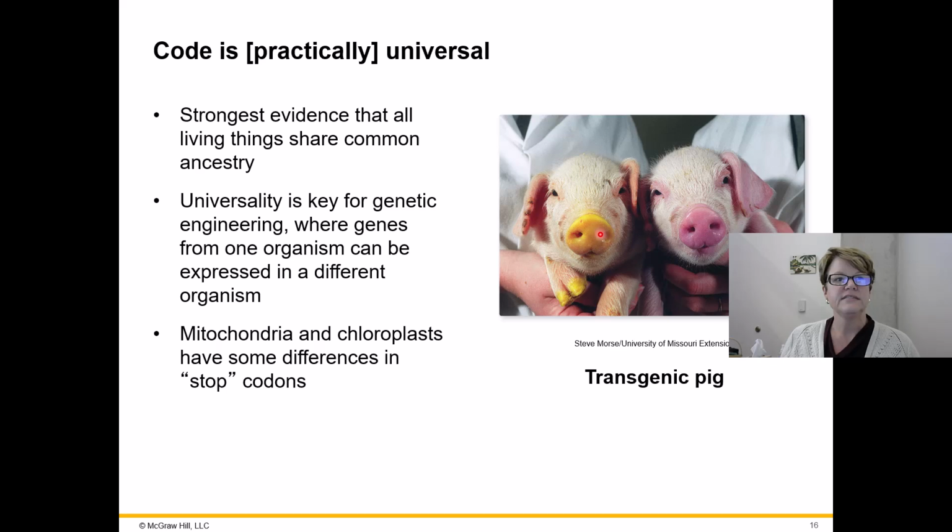And so what that means is that you can take genes from one organism, the genes, the DNA, the chromosome, put it into the cells of another organism, and that organism can still perform transcription and translation and make that protein in that other organism. So here you have a transgenic pig, the one that has the yellow snout.